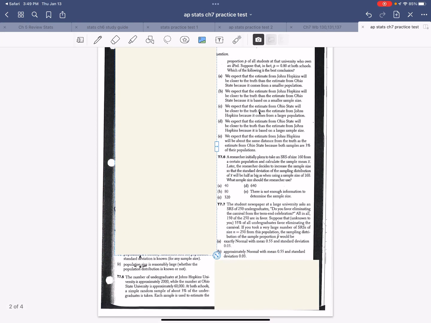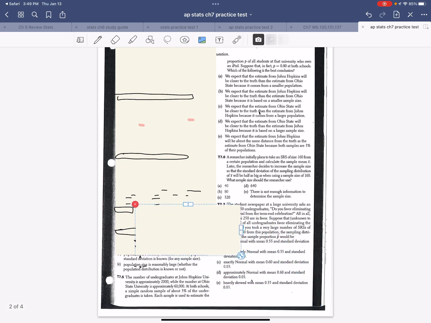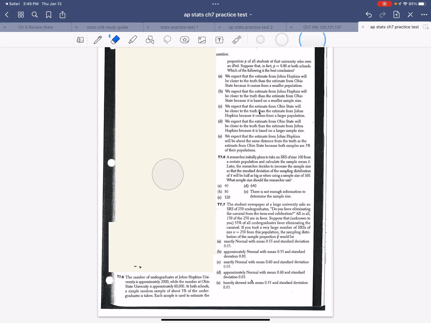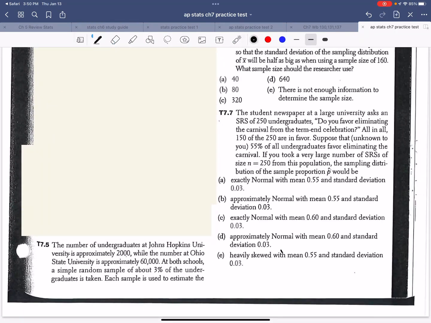All right, so question number 5 says, the number of undergraduates at Johns Hopkins is 2,000, right?